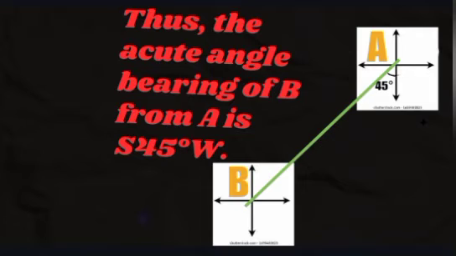Assuming you have this green line formed 30 degrees from the north towards the east, it will be north 30 degrees east. Or say, for example, you have it formed 80 degrees towards the west from the north, it will be north 80 degrees west. So this is how you take acute angle bearings.